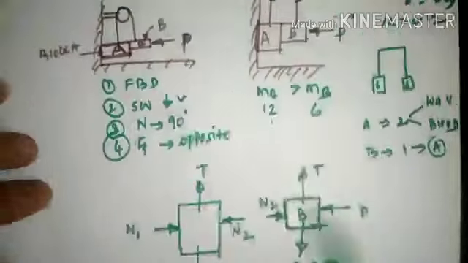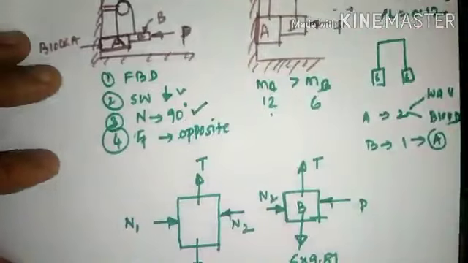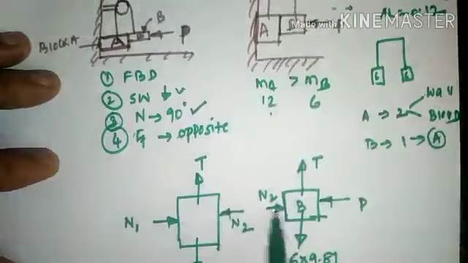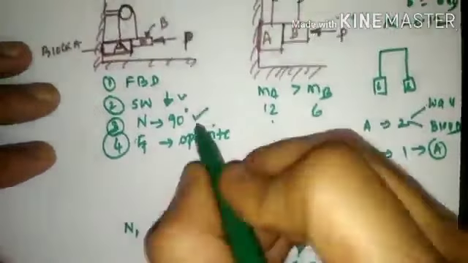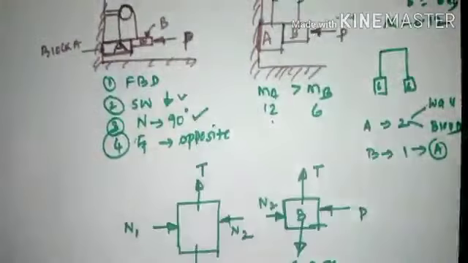So these are the reaction components, wherein the reaction component will always be perpendicular to the plane of contact. Here the plane of contact is vertical, so the reaction will be perpendicular, making 90 degrees. Here the plane of contact is the vertical wall, and the reaction will again be perpendicular to the plane of contact. So this is nothing but the third condition: reaction will always be perpendicular to the plane of contact.